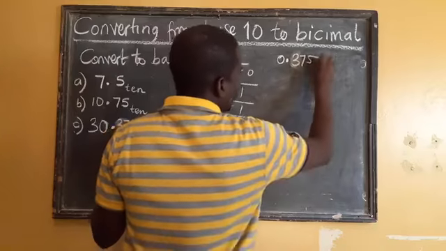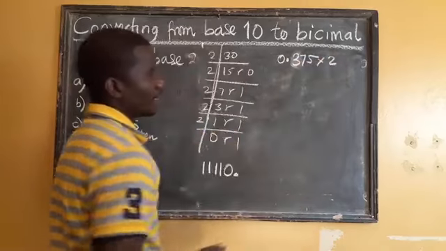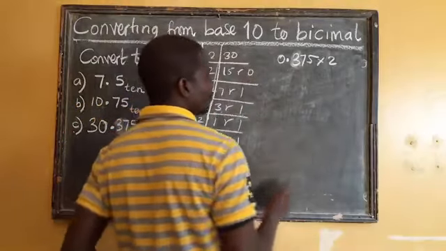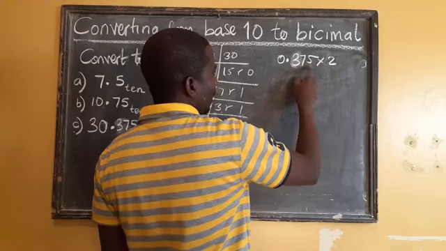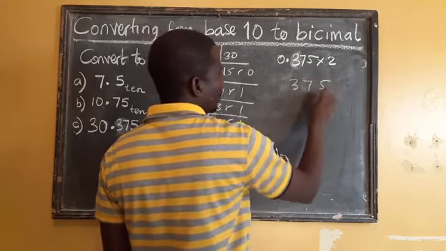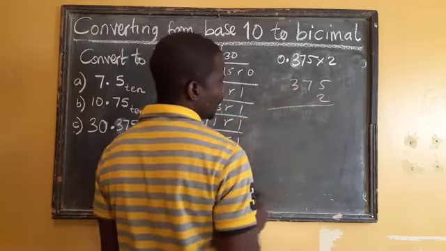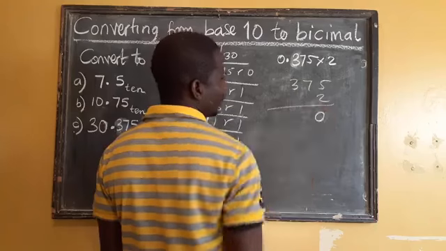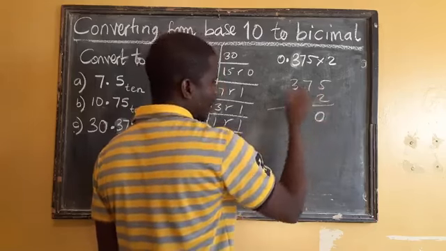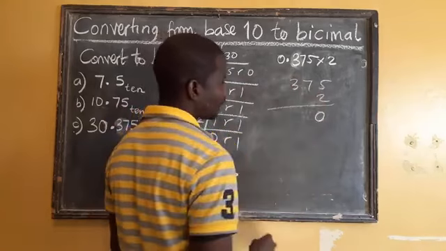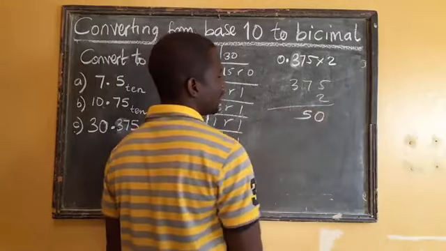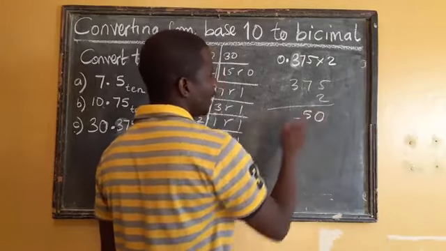0.375. We multiply this by 2. Let us multiply this by 2. What are we going to get? When you multiply this by 2, this is going to give us 0. We'll get 10, then we write 0. This will be 14, plus that one, we get 5. Take note of that.